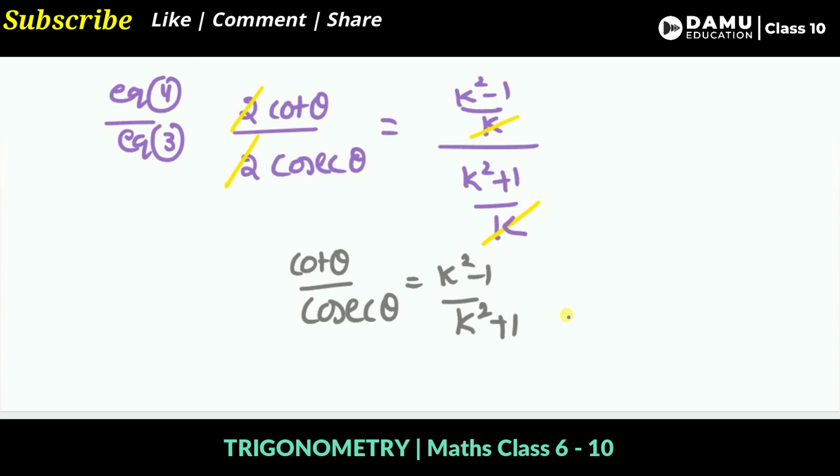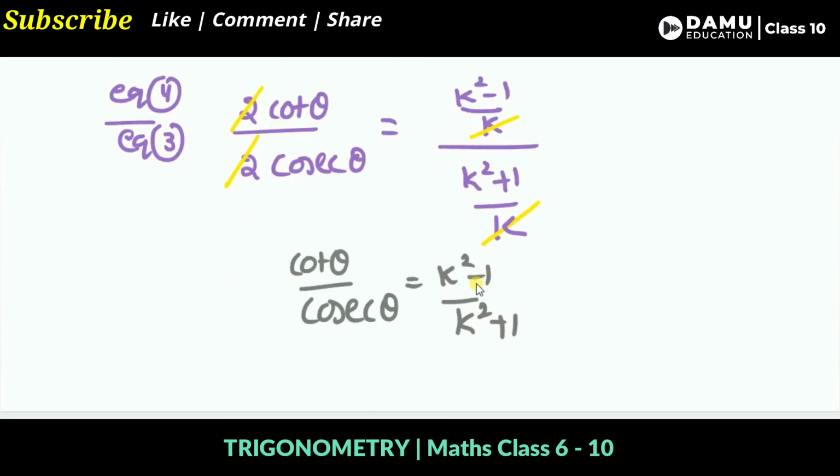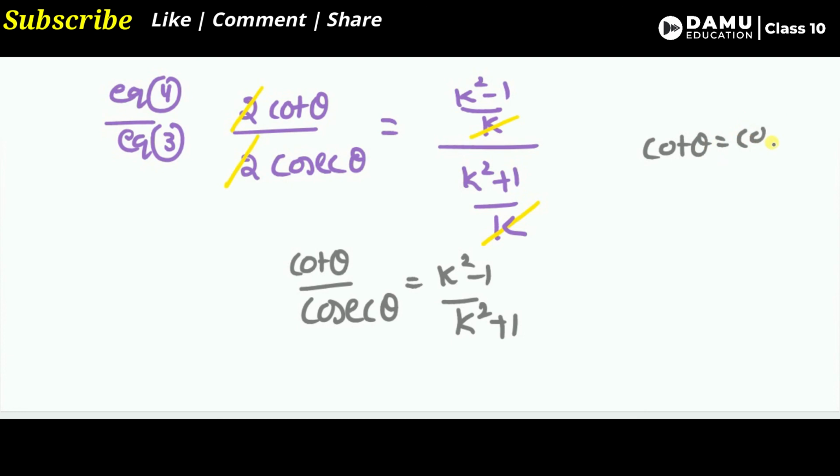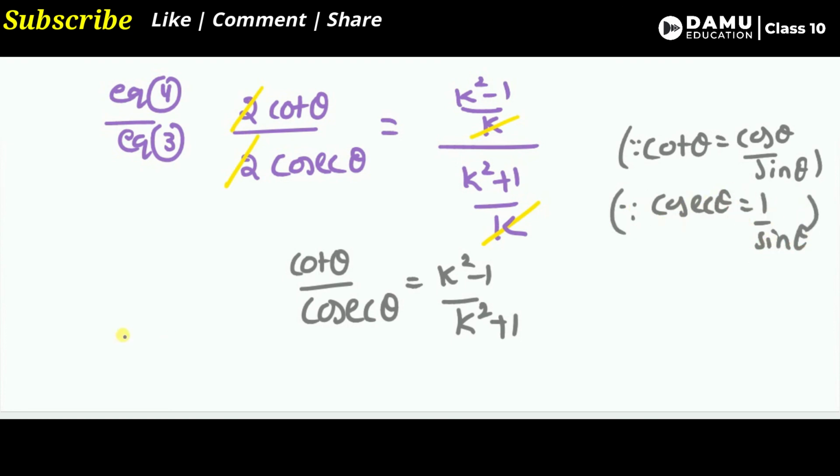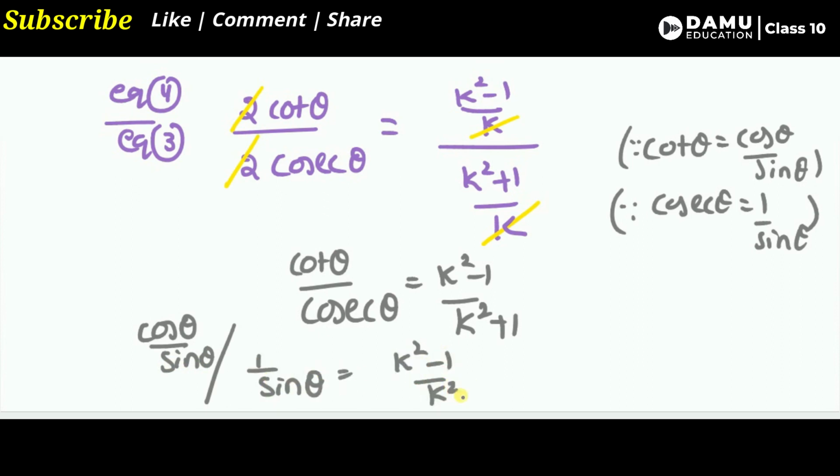We can write cot theta as cos theta by sin theta, and cosecant theta as 1 by sin theta. So cos theta by sin theta whole divided by 1 by sin theta will be equal to k square minus 1 by k square plus 1.